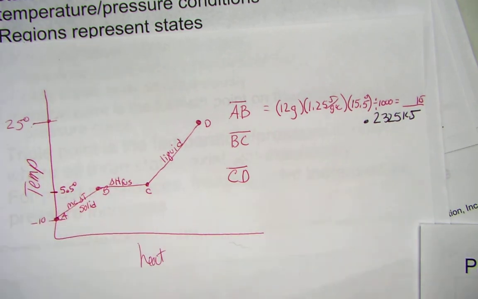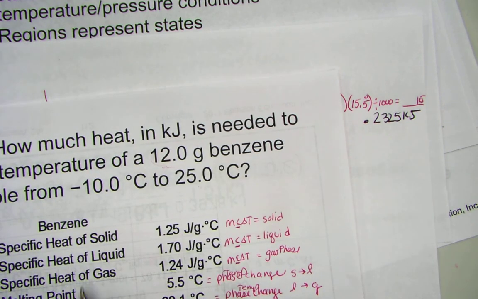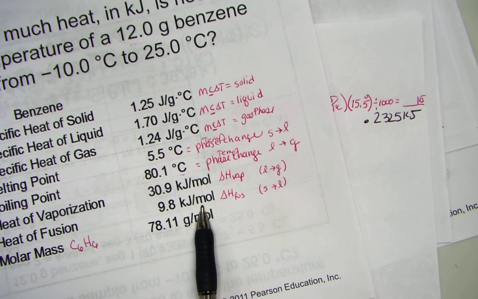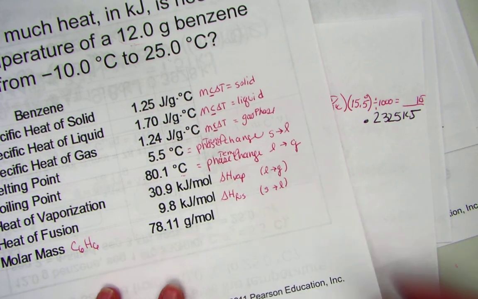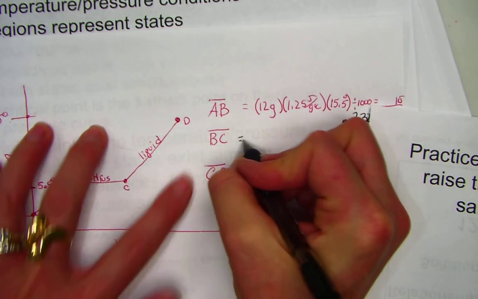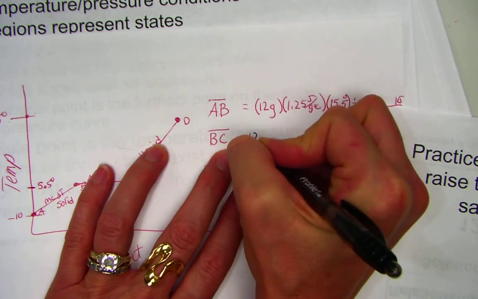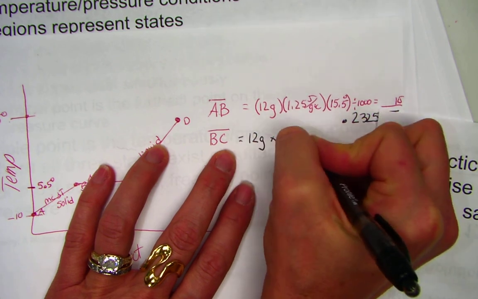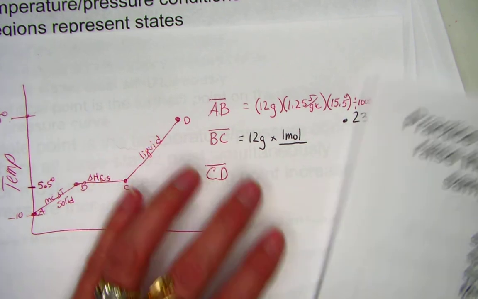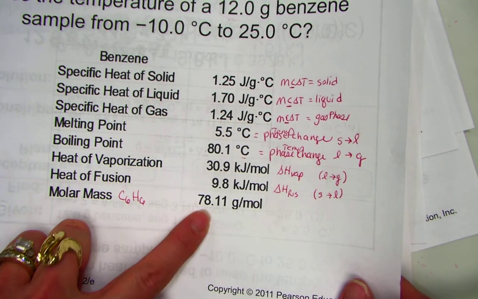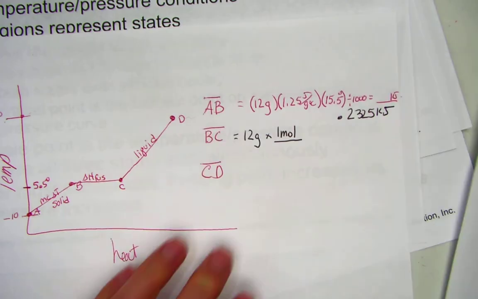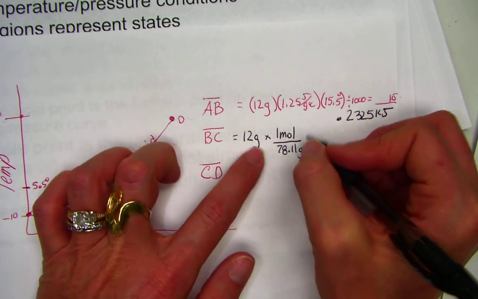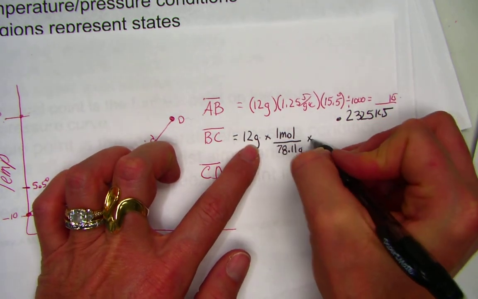Line segment BC is a phase change, and we're melting, so that definition is a heat of fusion. It takes 9.8 kJ for every mole of benzene to melt. The number given was 12 grams of benzene, so we have to use the molar mass of benzene to get it into moles, and that was given to us. We could add up C6H6, but look at the last line. They gave us 78.11 as the molar mass. 78.11 grams is our molar mass, so grams divided by molar mass gets us the moles.